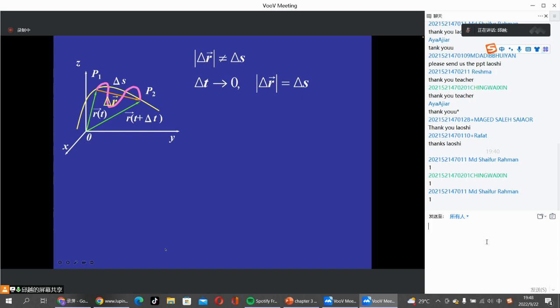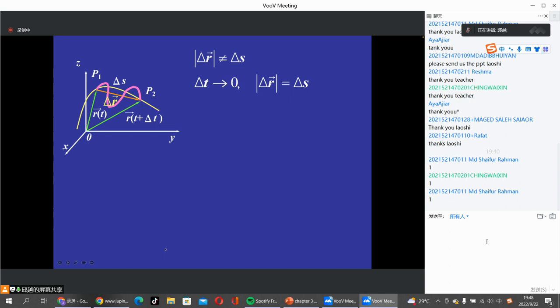And we should note that when delta t is very close to 0, we can assume that it moves a very close distance.